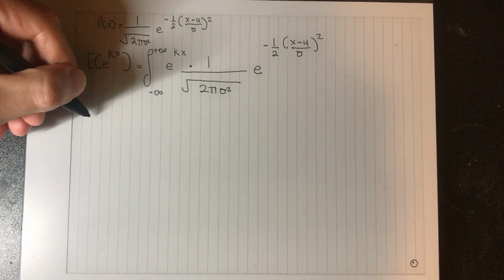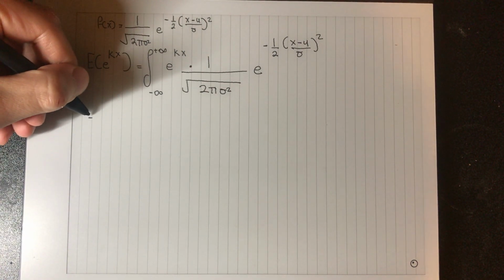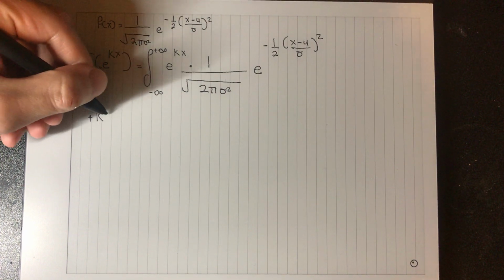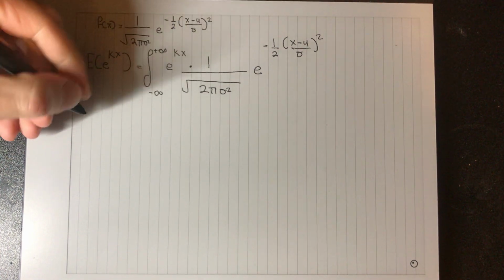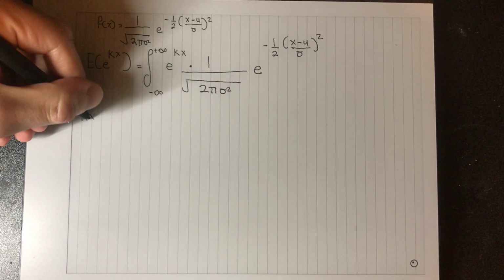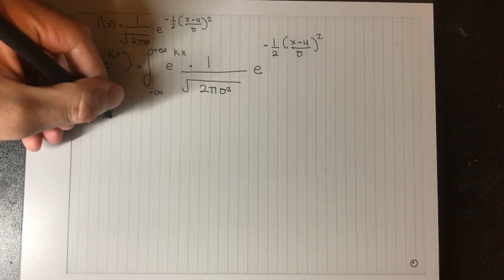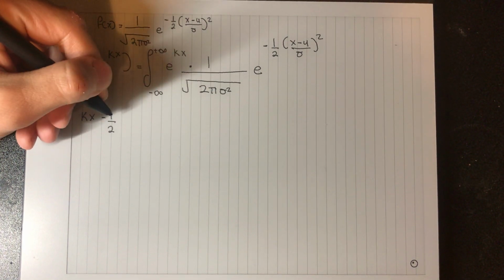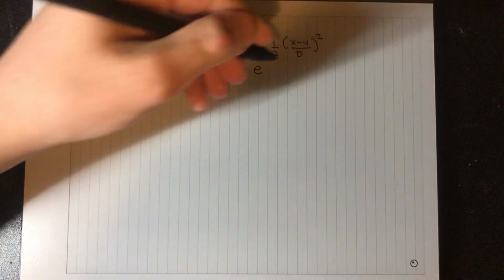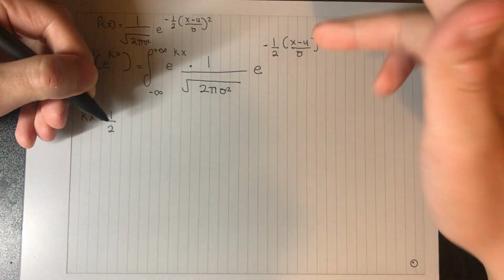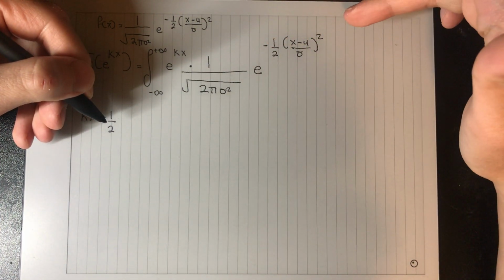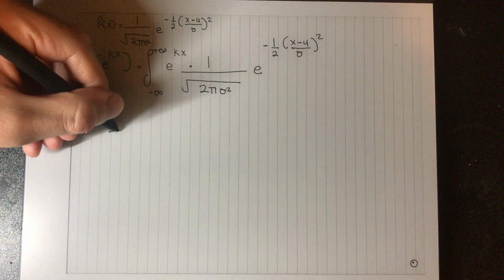So first we have kx, and we have minus 1 over 2, and I will move that sigma outside the brackets so that I can expand this squared over here.